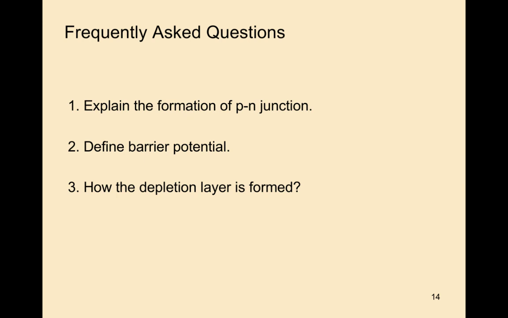It is about 0.3 for germanium and 0.7 for silicon. After this potential barrier, there is no movement from p side to n side and n side to p side. The diffusion process stops after this potential barrier.